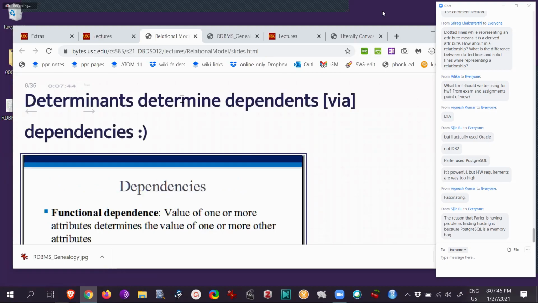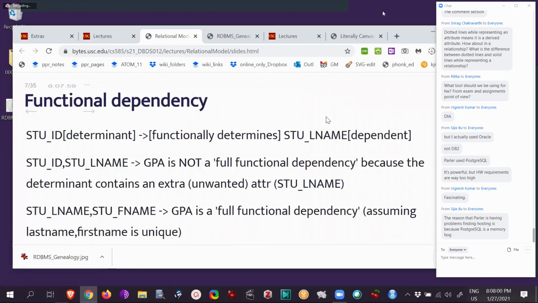The key would determine everybody else who are called dependents. Your student ID will determine GPA. Student ID determines major. Student ID determines advisor's name. Student ID determines graduation date, on and on and on. All right, so we'll revisit that. And that idea of depending is called functional dependency. If this word went away, the world wouldn't change. It's the exact same.